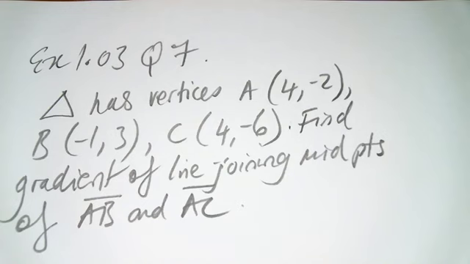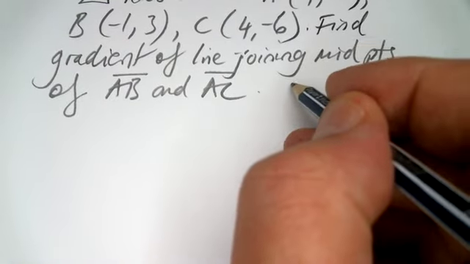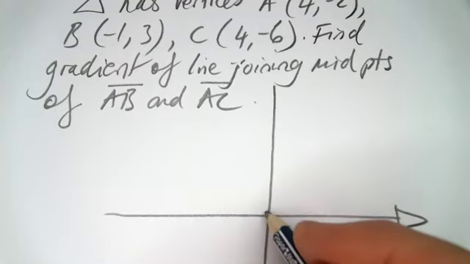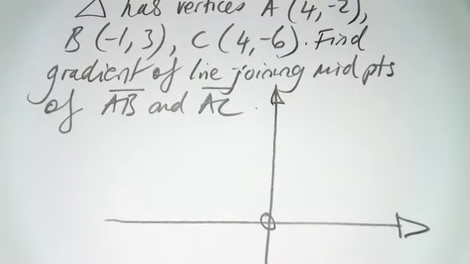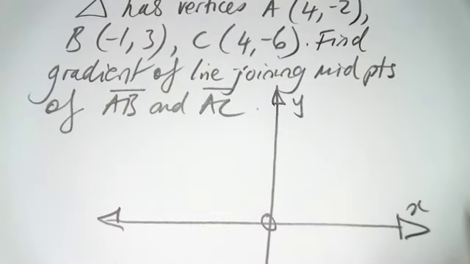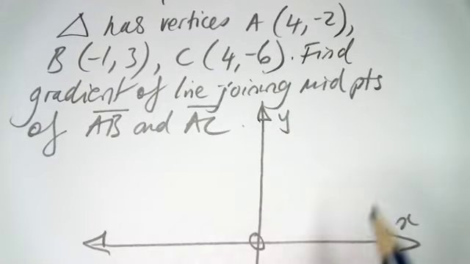The first thing I'm going to do, though, is try and draw this. So let's see if I can. Again, I'm going to use a line without a grid on, which means it's going to be a little bit hit and miss. So I've got y here and x here. Okay, so the first point is A, which is 4 along, -2.